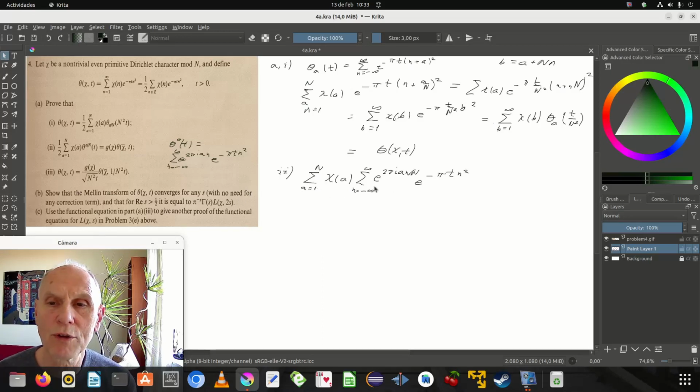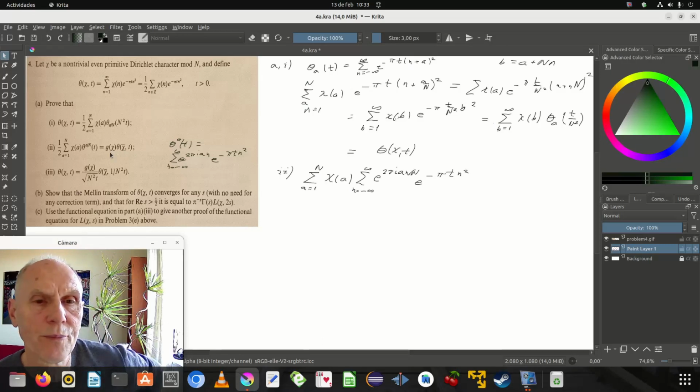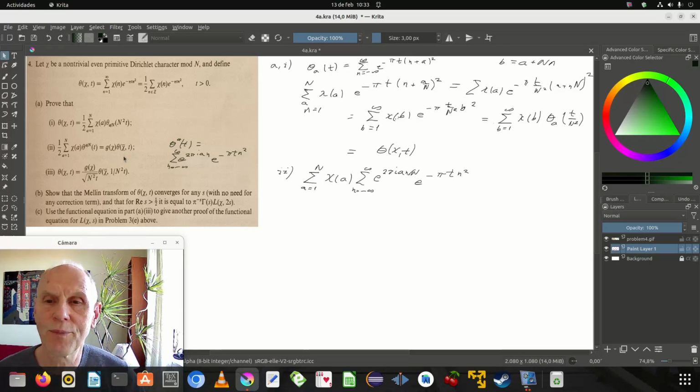We have to prove that the Fourier transform is the conjugate times the g of chi. And I didn't find that formula because I only worked with real characters.